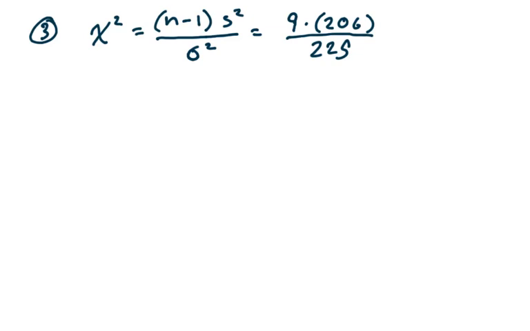S squared is 206, so 9 times 206, all divided by 225. And that works out as 8.24. So then we're going to make the decision.